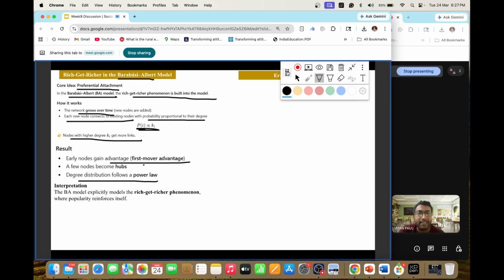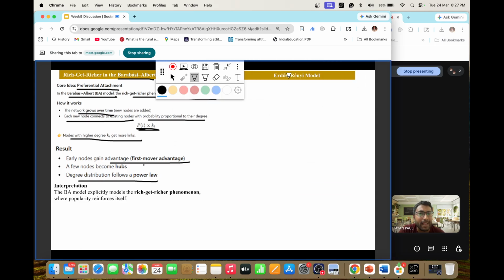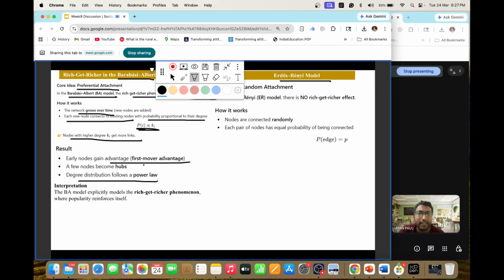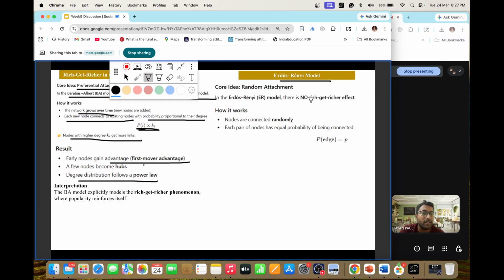Second, we have something known as the Erdos Renyi model. This is a random model, and here the power law and the rich get richer effect are not followed. How does it work? Nodes are connected randomly, not sequentially or over time.